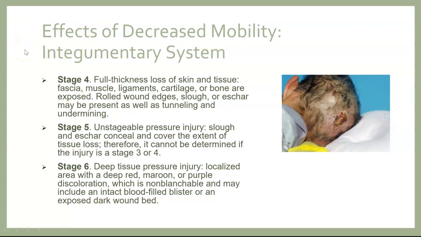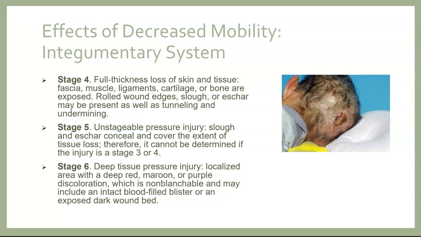Deep tissue pressure injury. So the reason that this happens is because we have bony prominences. So you can see this man, it's the back of his head. Think about elbows, knees, heels is a big one. We talked about the sacrum.